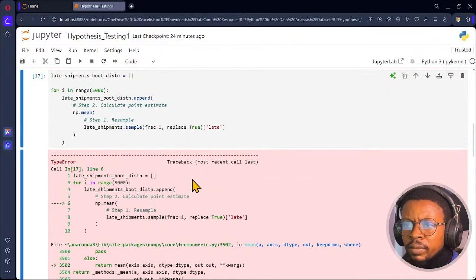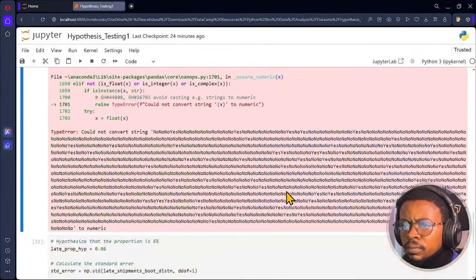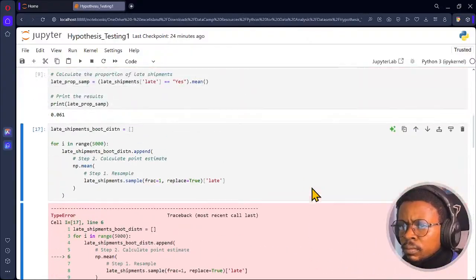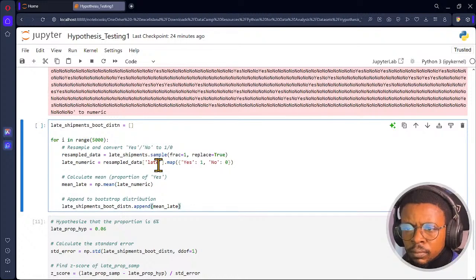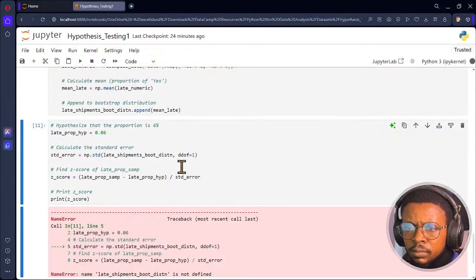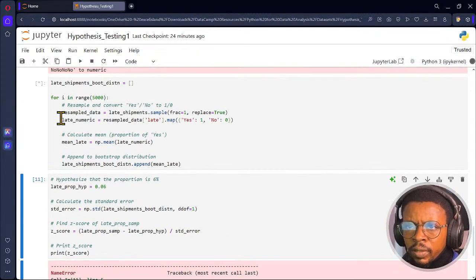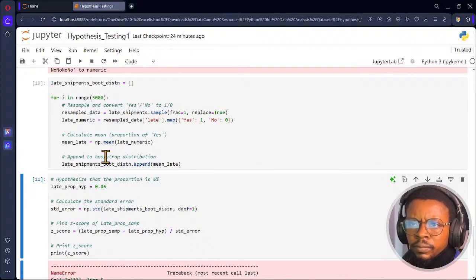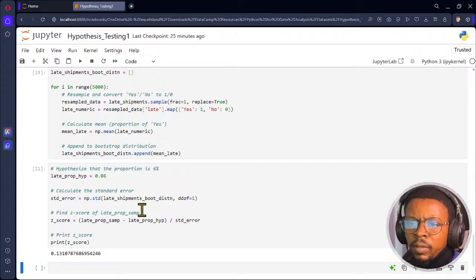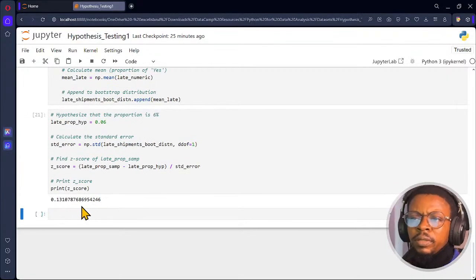So let's use this method now. Okay, so we have our late shipment distribution calculated already, of yes, exactly. And voila, so that is all we got here.